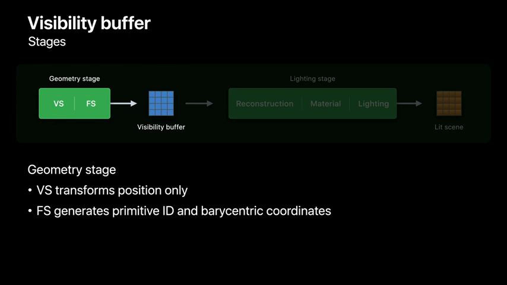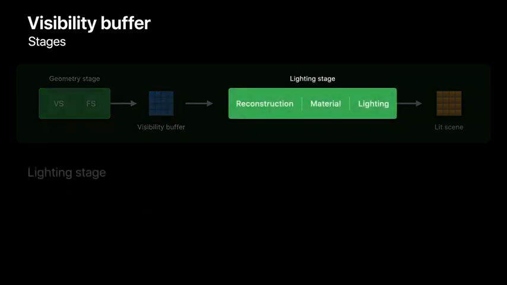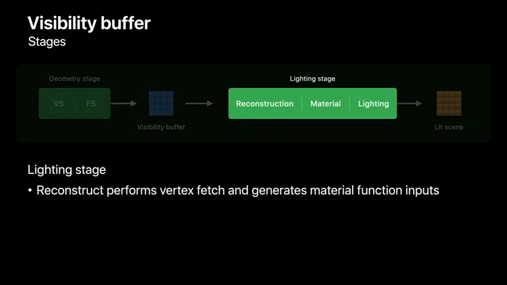The fragment stage can generate the primitive ID and barycentric coordinates with the new A14 Metal shading language attributes, without the need for any additional varyings. In the lighting stage, a new reconstruction step will use a deferred vertex fetch based on the primitive ID, and interpolate the vertex data using barycentric coordinates to generate material function inputs. The material and lighting shaders are effectively untouched and are identical to the deferred rendering implementations.